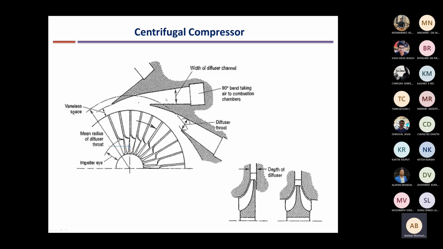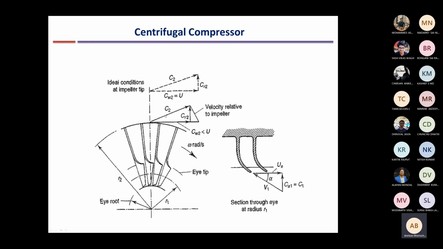It is at an angle relative to the circumference of the vanes of the impeller, because the absolute velocity is at a direction different from the radial direction. So the absolute velocity is not in the radial direction. The relative velocity is in the radial direction. So this is the velocity triangle.